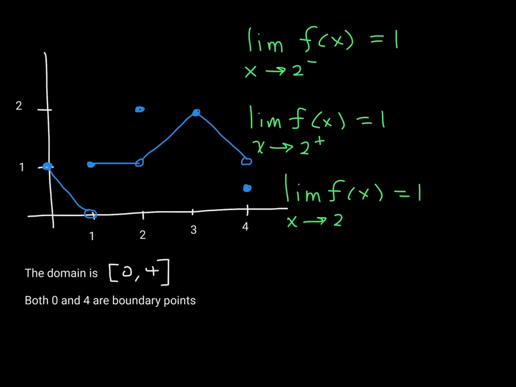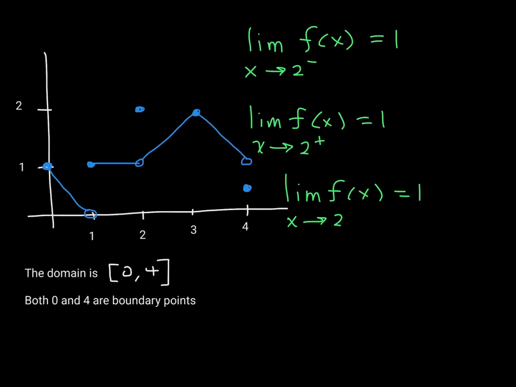So notice that this two-sided limit is automatically 1. I didn't even have to look at the picture or the graph because these one-sided limits agree. Once these two one-sided limits agree at 1, I know automatically the two-sided limit is also 1.